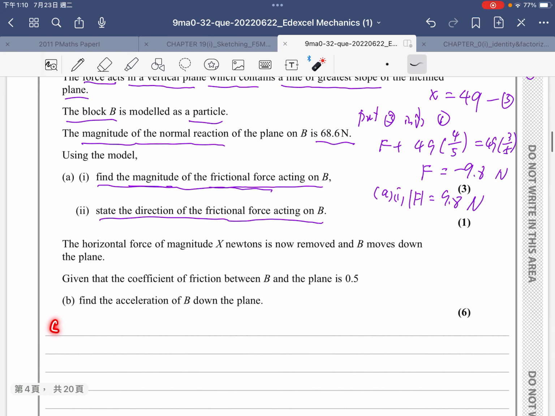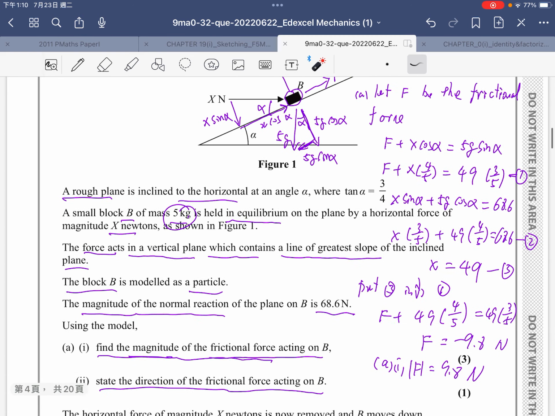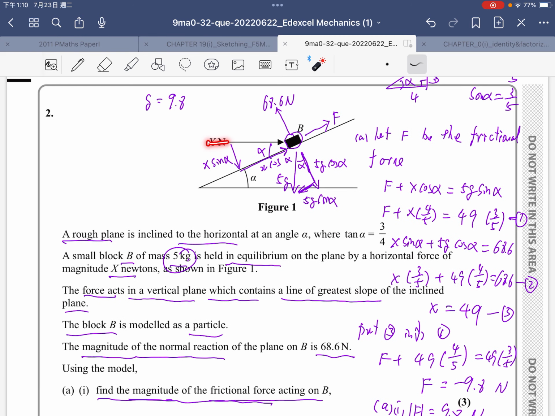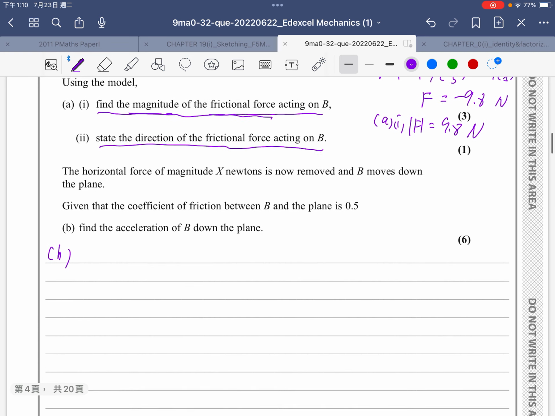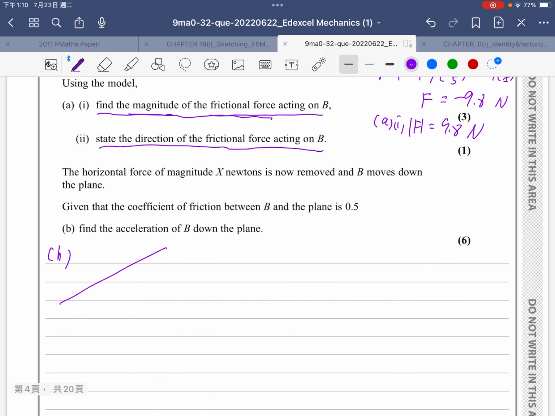Okay, for question B. If the horizontal force X Newton is now removed, then the particle B will move downward. I think you can feel this. If I remove this force, then the board is free to move along the surface. Then I think I had better draw a figure here.